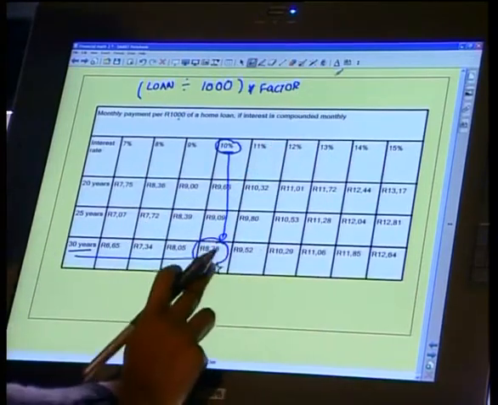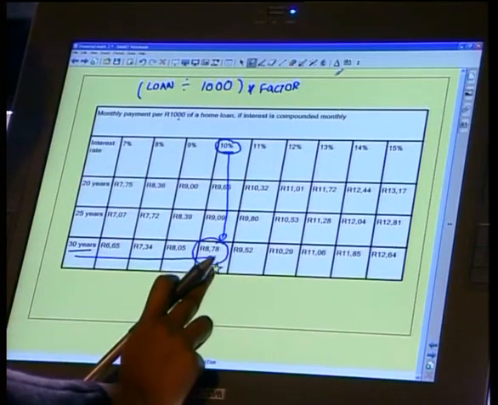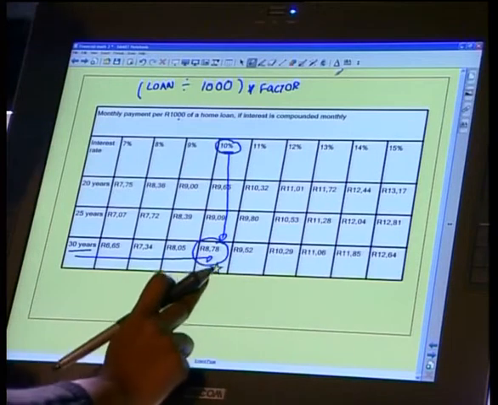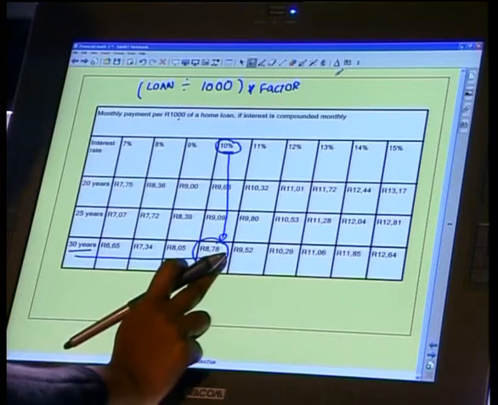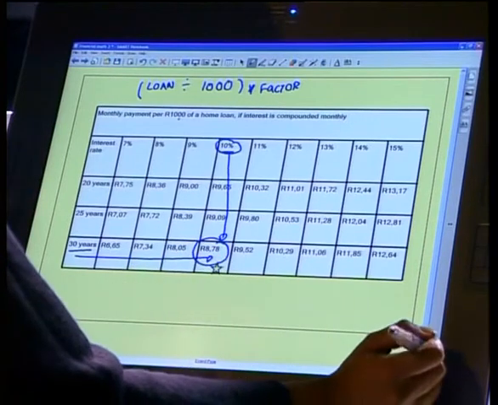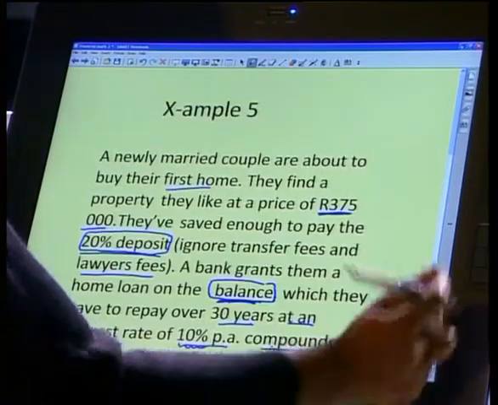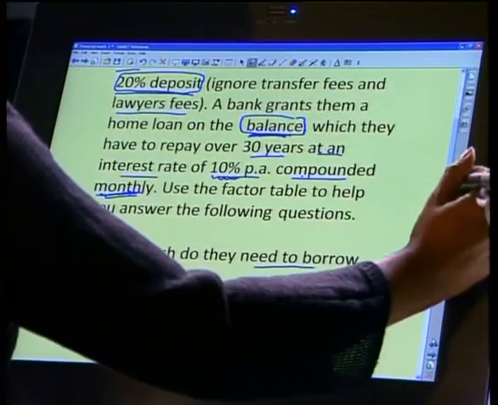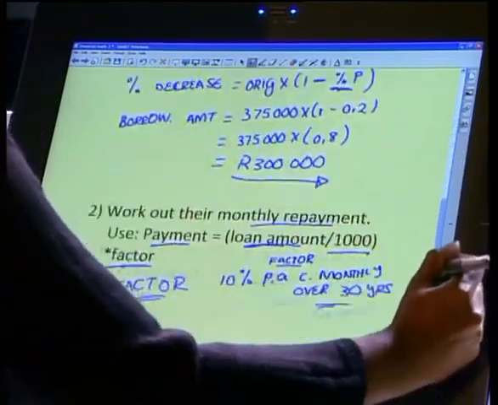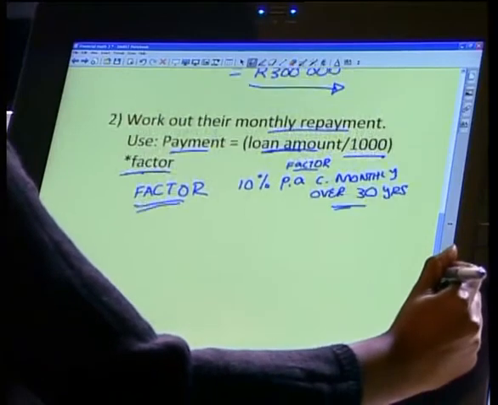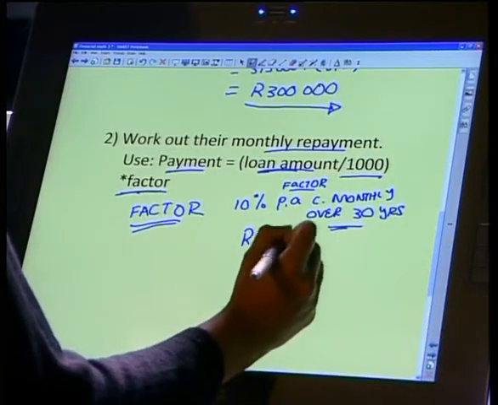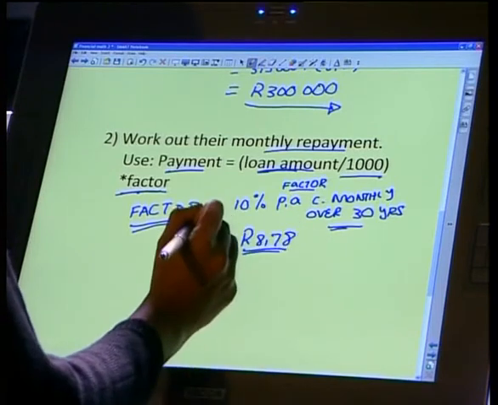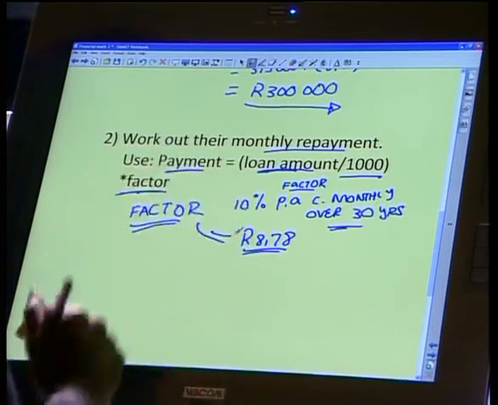That's the amount we are going to use in order to work out how much they will have to pay back every month. So our factor here, 8.78 Rand per 1,000 Rand. Okay, so now that we have our factor, which was 8.78 Rand, we can now work out their monthly payment.